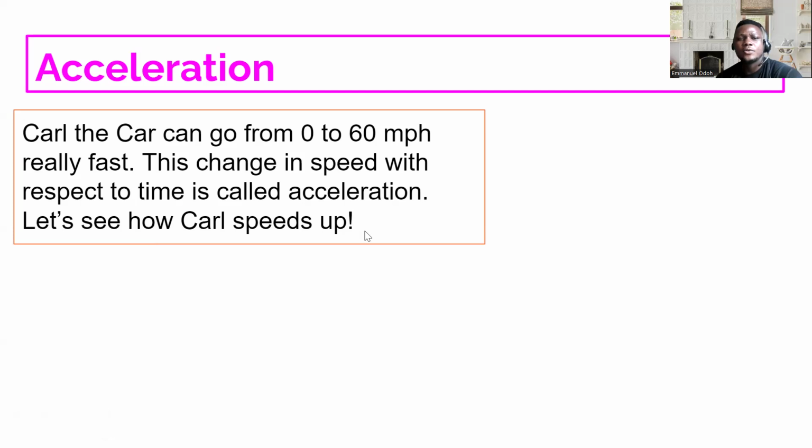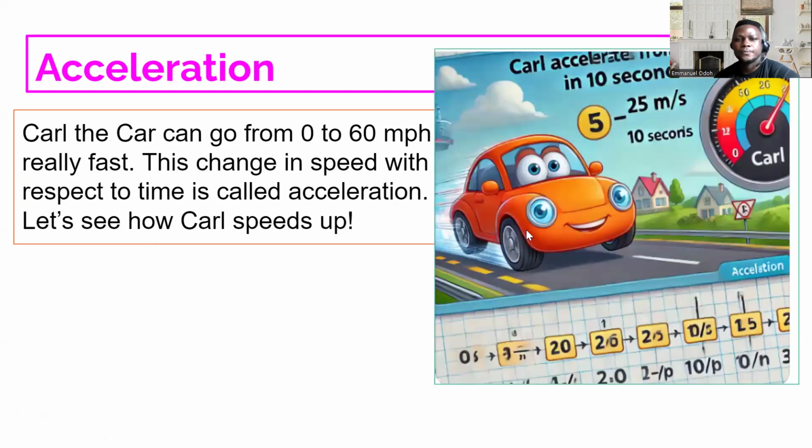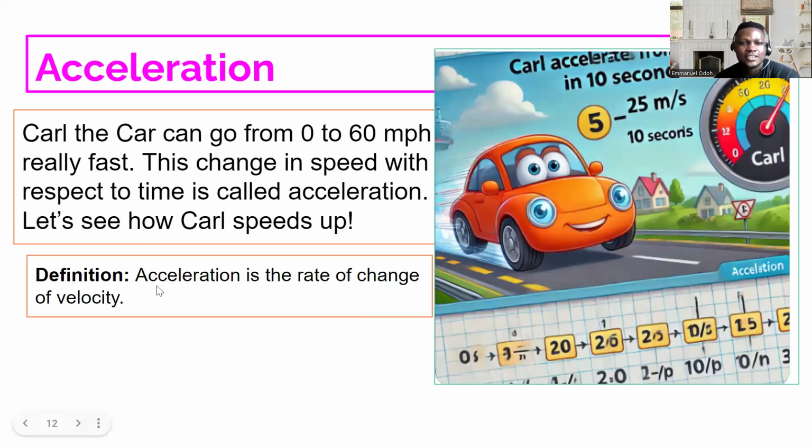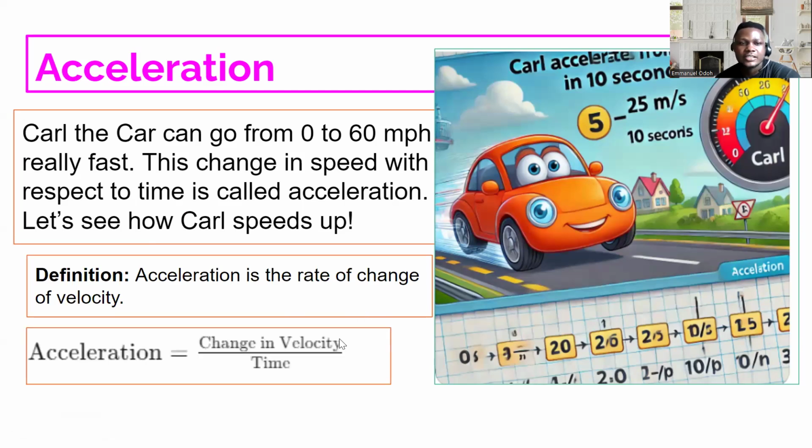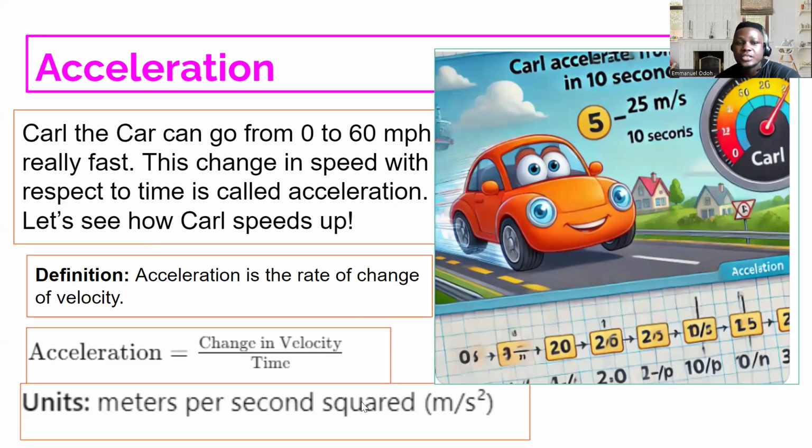So let's see how the car speeds up. This is Carl inside his wonderful car. Acceleration is the rate of change of velocity, and the formula for calculating acceleration is change in velocity over time. The unit is meters per second squared.